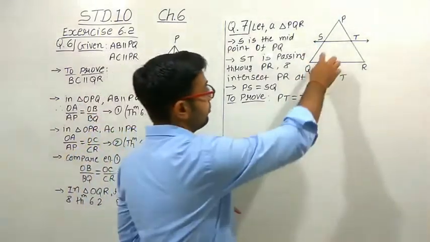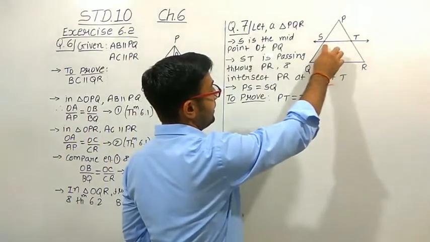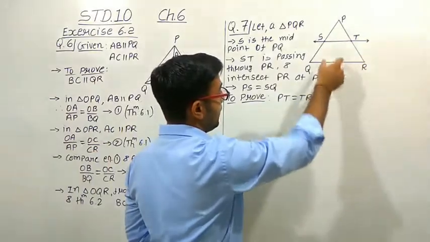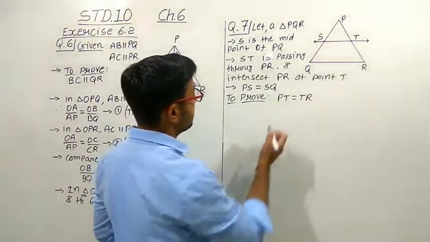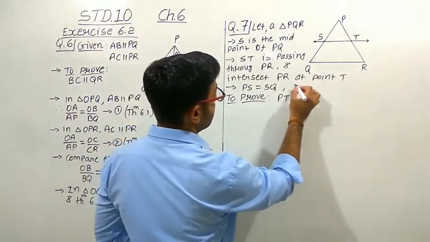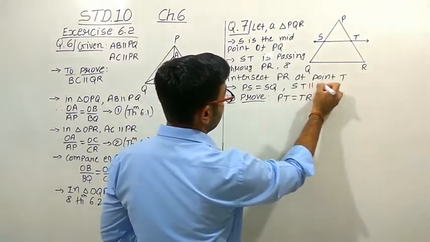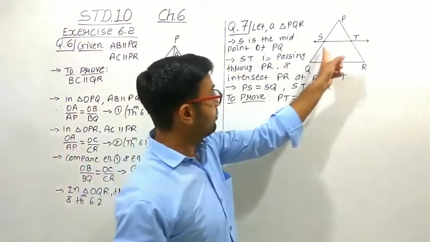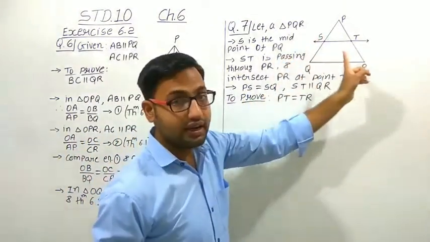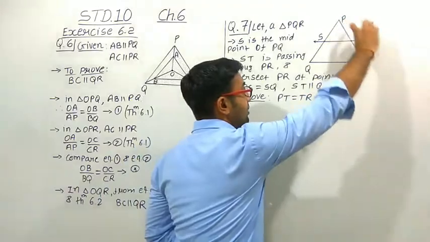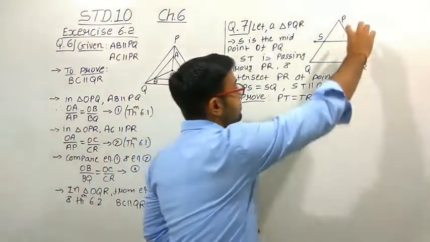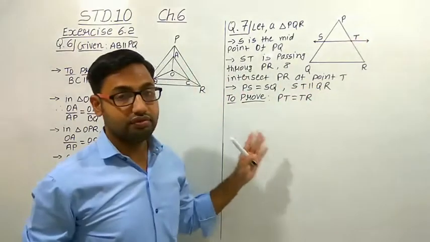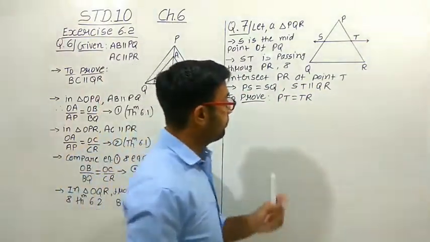One point on one of the sides is S. A line passes through this point and is parallel to QR. Here we have mentioned that ST is parallel to QR. The line passing through the midpoint of one side of a triangle bisects the third side. So this bisects the third side, that means PT is equal to TR. That must happen here, and that is what we have to prove.